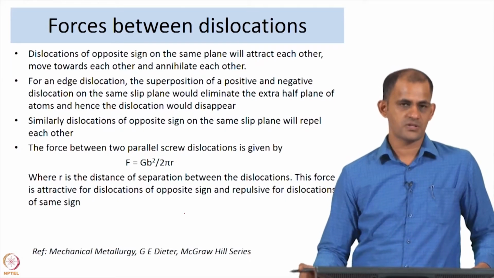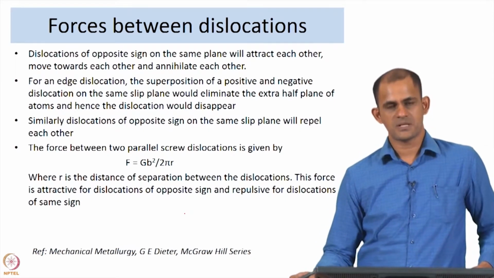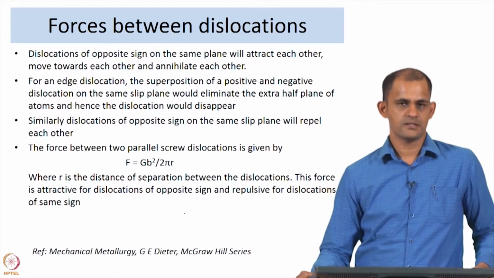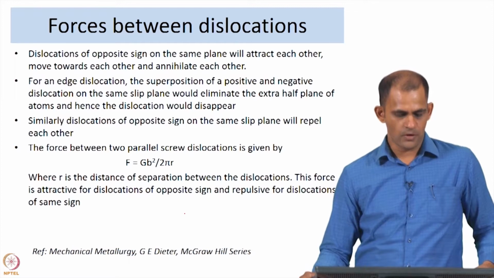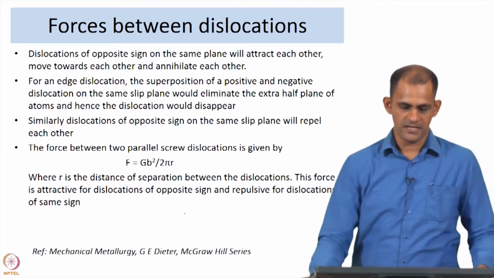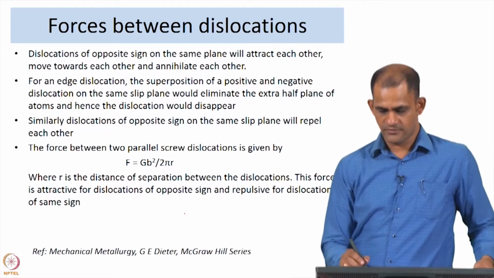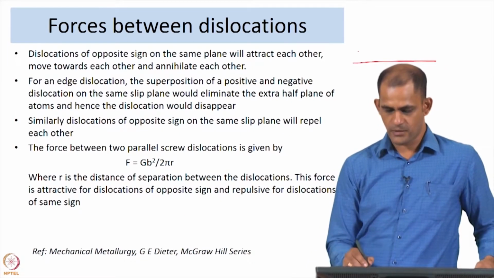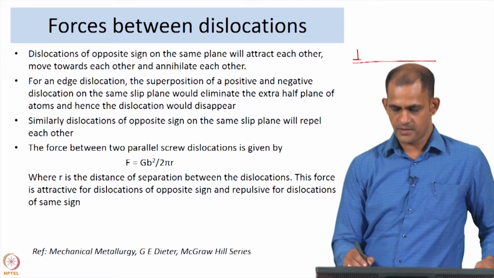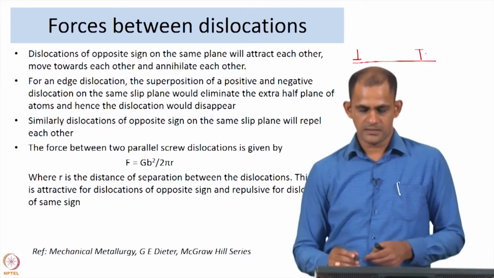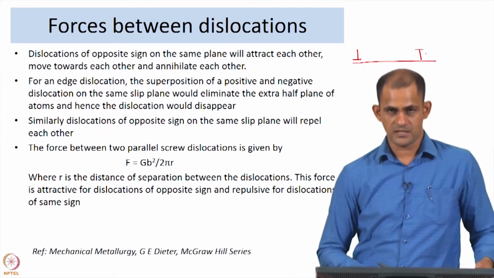This forces between dislocations comes about because of the stress field that exists around a dislocation. Dislocations of opposite sign on the same plane will attract each other, move towards each other and annihilate each other. So, if this is a slip plane and you have an edge dislocation of that type versus an edge dislocation of that type, these are dislocations of opposite nature.